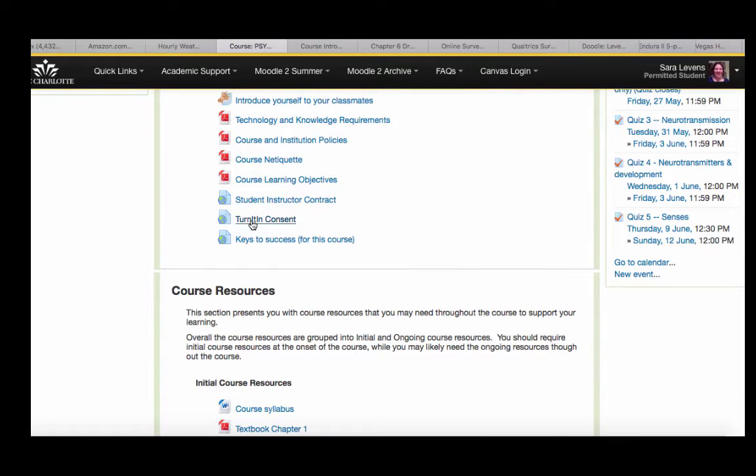We also have a Turn-It-In consent form. This is something that is required because we will be using Turn-It-In for this course. So you will be doing a number of writing assignments as part of the course, and you will be submitting the writing assignments in to Turn-It-In. Turn-It-In, what it does is it will basically help you not accidentally plagiarize.